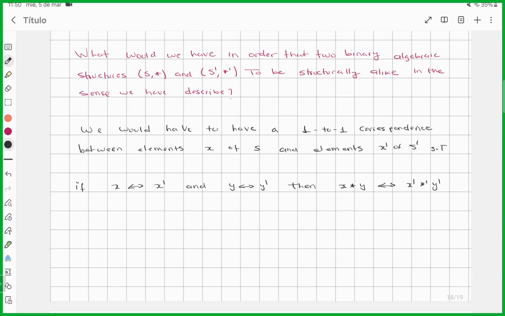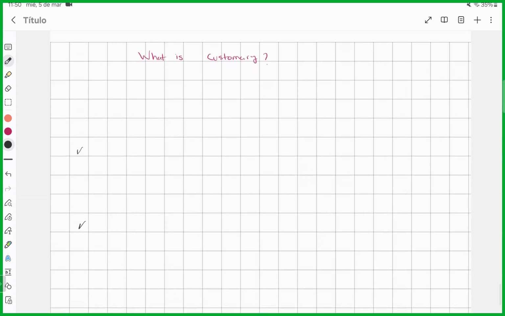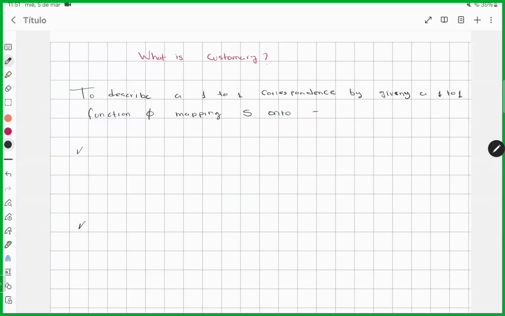So what is customary? It's customary to describe a one-to-one correspondence by giving a one-to-one function phi mapping S onto S prime.